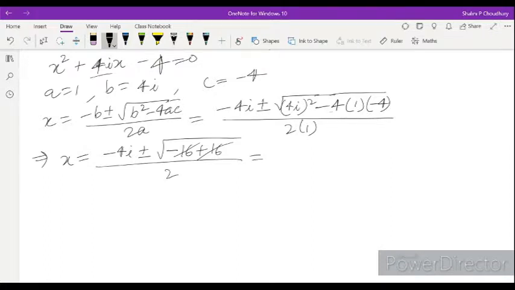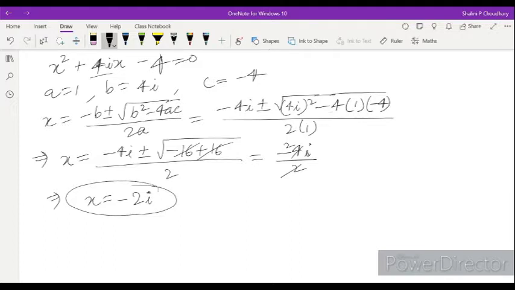It will be minus 4i plus minus 0, okay, divided by 2, okay, so we'll get 2. So x will be equal to minus 2i, okay. So the solution of x is equal to minus 2i. Okay.